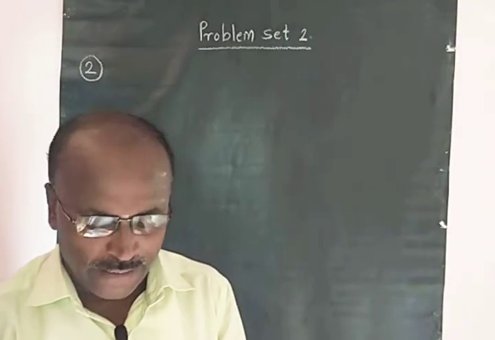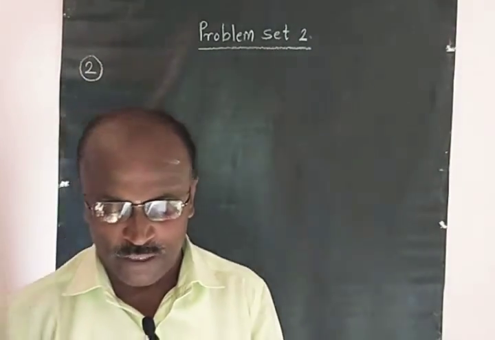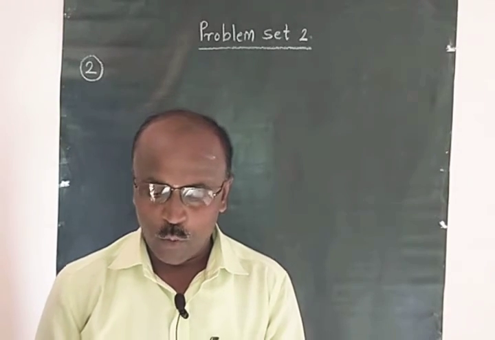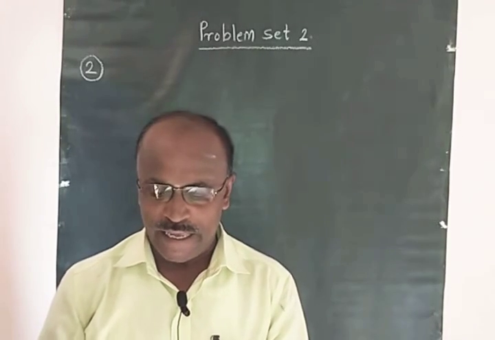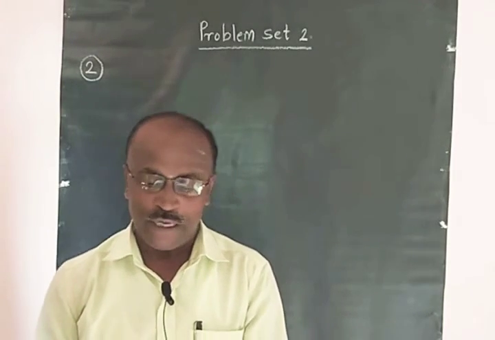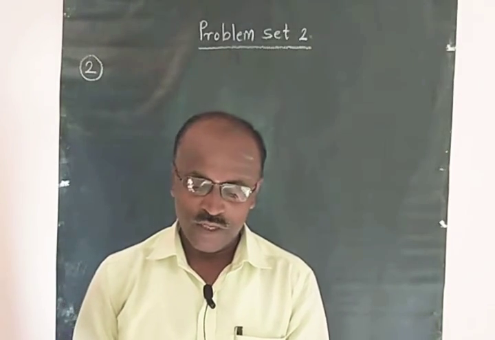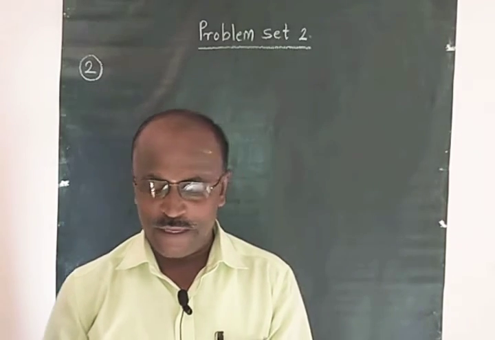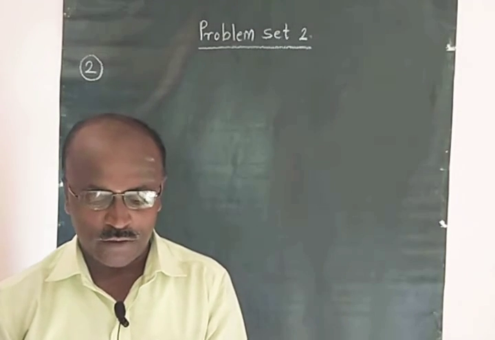Ray PQ and ray PR are perpendicular to each other. Points B and A are in the interior and exterior of angle QPR respectively. Ray PB and ray PA are perpendicular to each other.